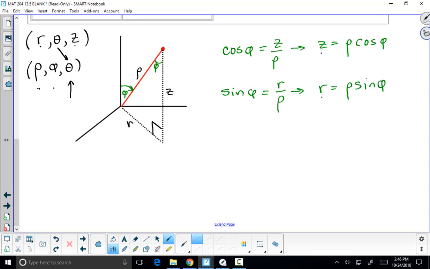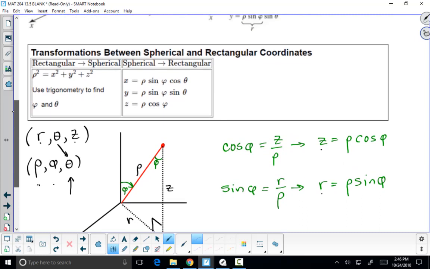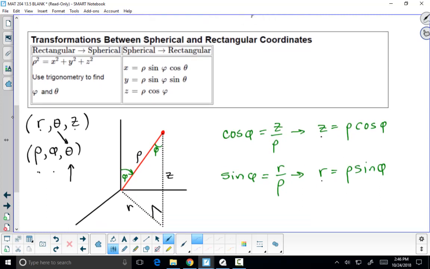All right, so let's look at these equations now and see if we can understand it. Don't you already know that x is r cosine of theta? You know that so well from polar. Well, that's r right there. r is now rho sine phi. That's r in both those cases. So we just take our polar, x equals r cosine theta, y equals r sine theta, and replace the r with rho sine phi.